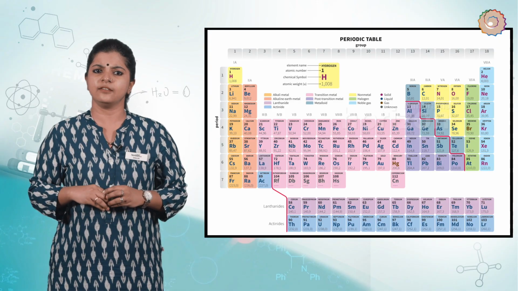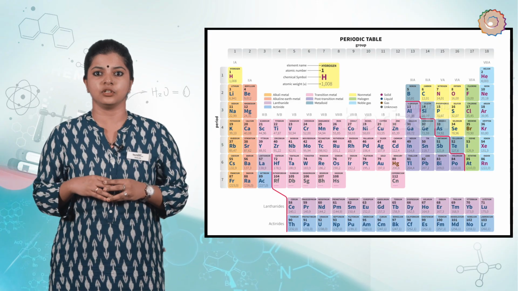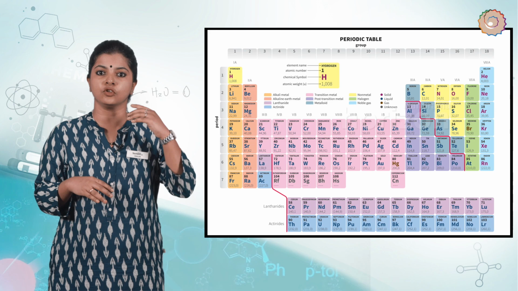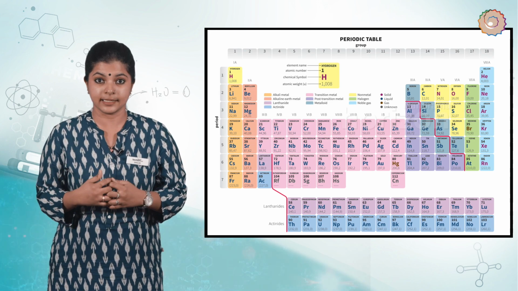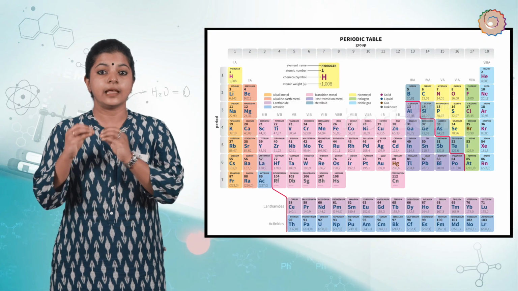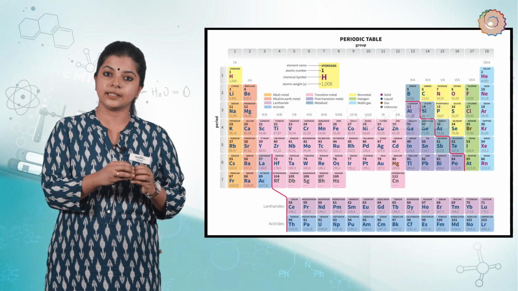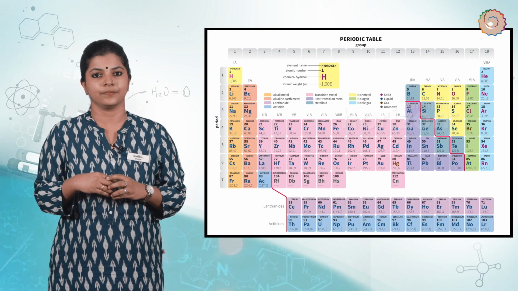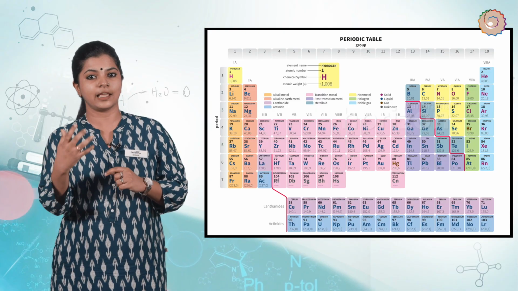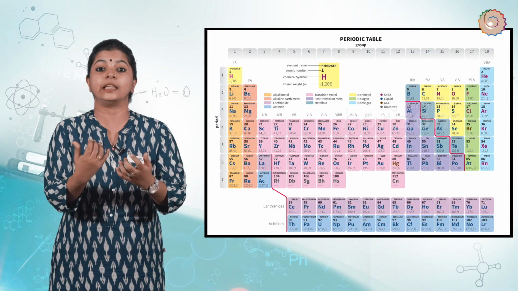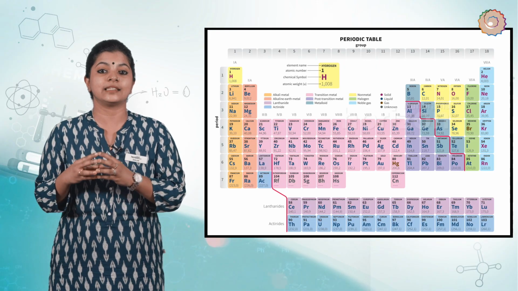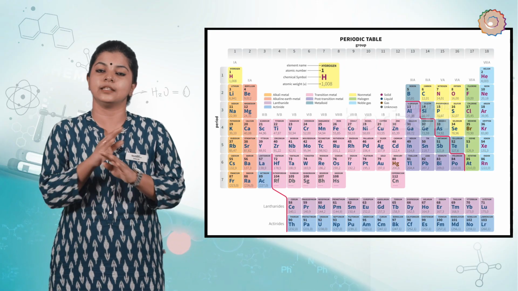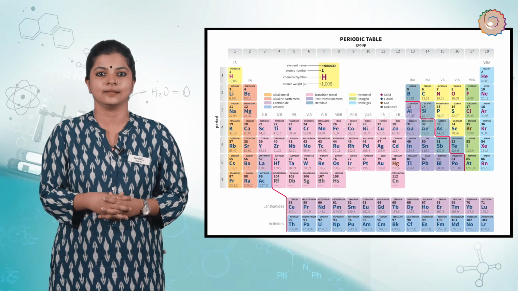There is an anomaly when it comes to the position of hydrogen because it can be placed either in group 1 or group 17 in the first period. This is because hydrogen resembles both alkali metals and halogens. It can lose one electron like alkali metals and also gain one electron like halogens. Therefore, the position assigned to hydrogen in the periodic table is considered anomalous.